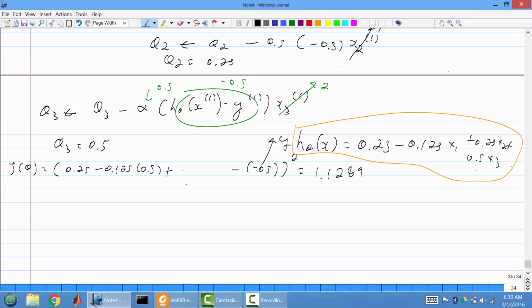Okay, and this is 0.25 times x2, which is 1, and then minus or plus 0.5 times 2, and then subtract with that, and you get this. Okay, that's good. All right. So, whoops, made a little mistake.